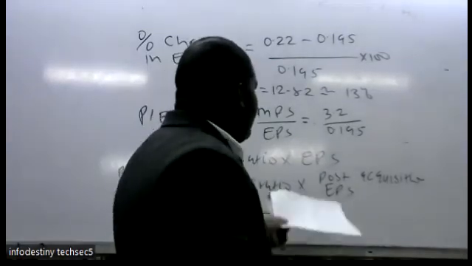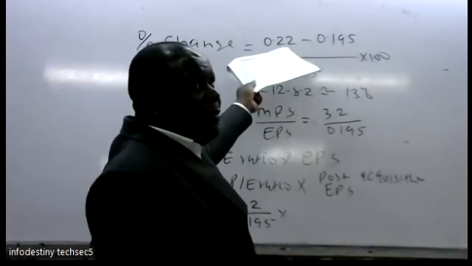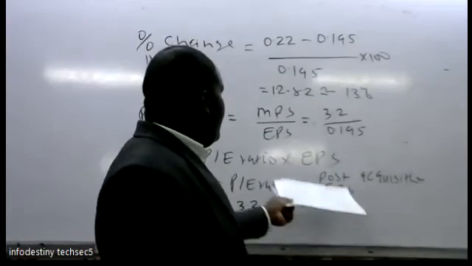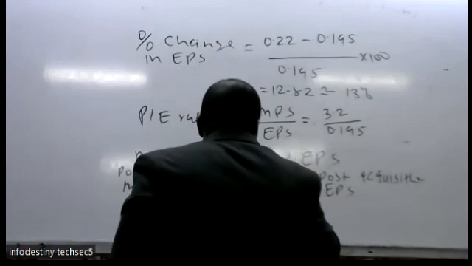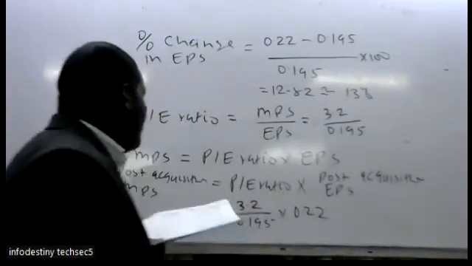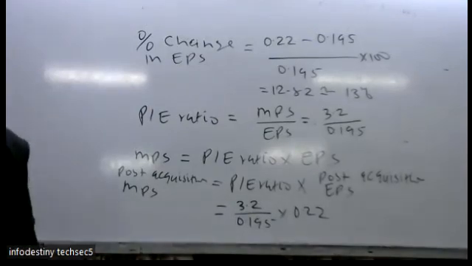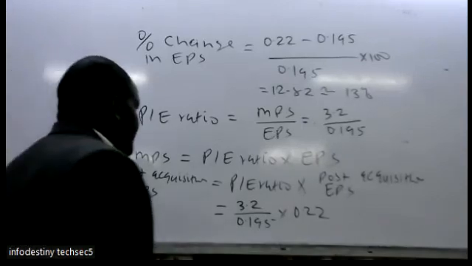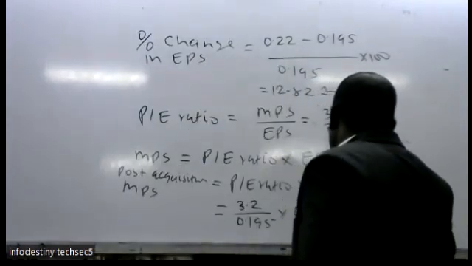So this post-acquisition earning per share is 0.22, remember? So multiplied by 0.22, that now should give you the post-acquisition market price per share. So we get 3.61.